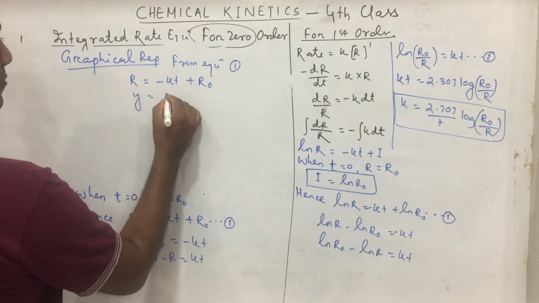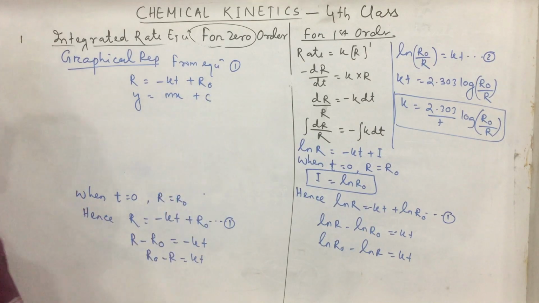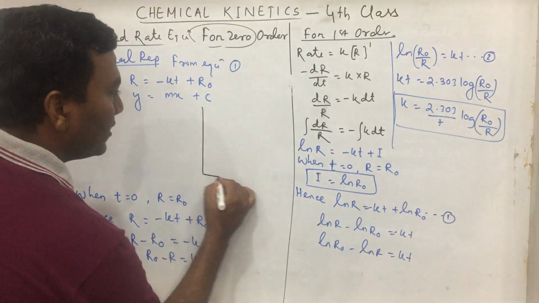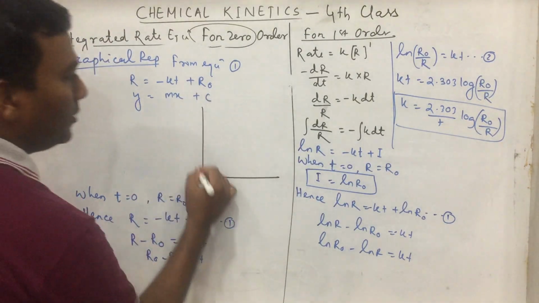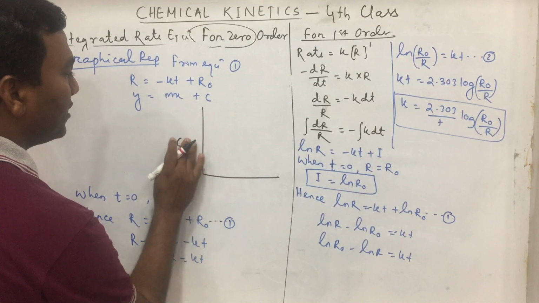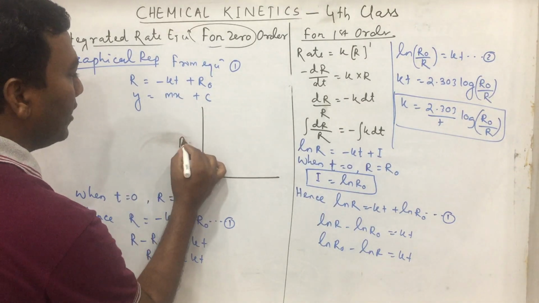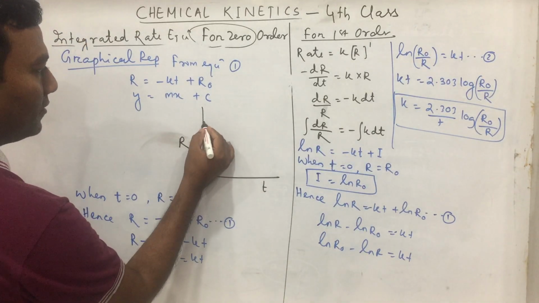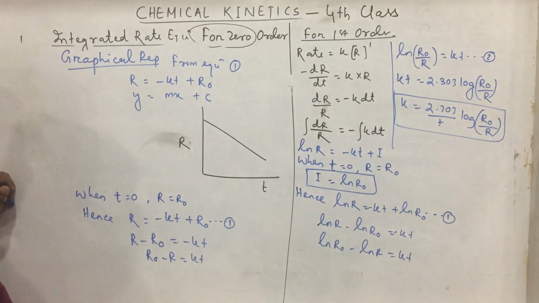This is in y equals mx plus c format. Clear? That means it is a straight line equation. So if you draw the graph of R, concentration, versus time, then it is a straight line like this.